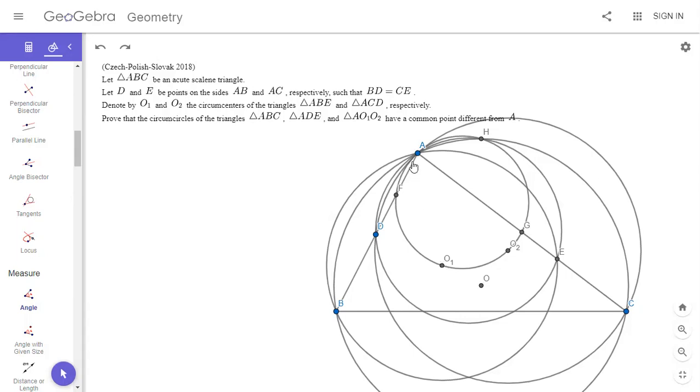Okay, so we can try to show AOO1 is HOO2. I think that would prove it's a trapezoid, right?